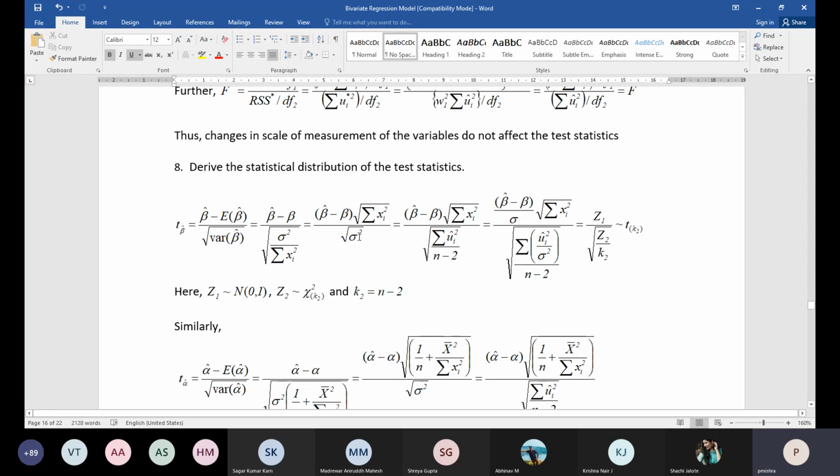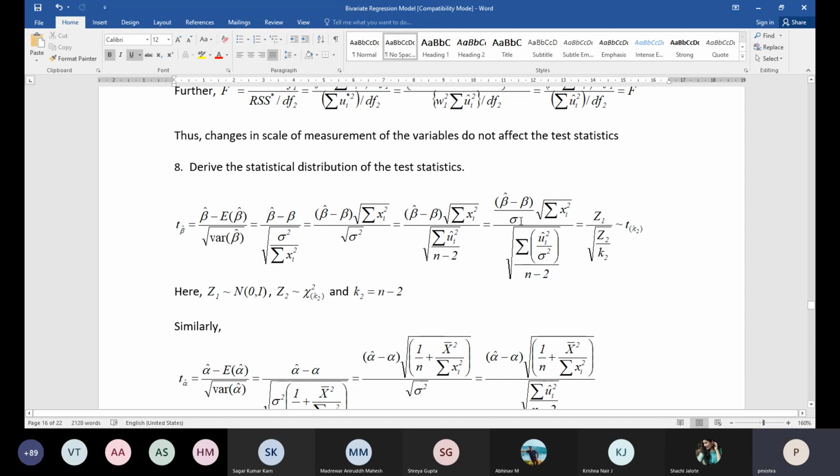So what we are doing is using an unbiased estimator of sigma square, and we have seen earlier that this unbiased estimator of sigma square is nothing but summation of u hat i square divided by n minus 2 for a bivariate model. The moment we do this, we basically get an expression like this.